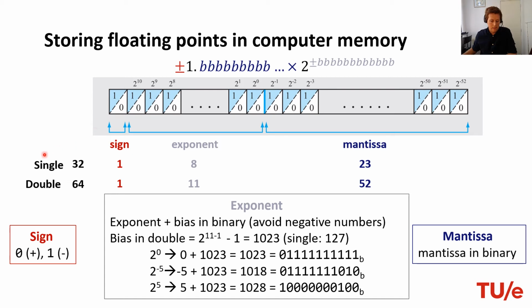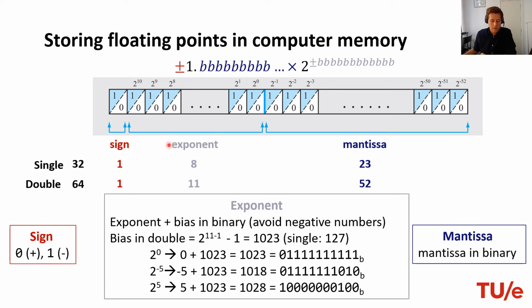Now, single precision uses 32 bits, double precision uses 64 bits, and you see here in this table how many bits are used for which part of this floating point number. So the sign, well, for the sign, we always just use one bit. So the sign can be a plus or a minus. Now, if the number is positive, we store a 0 for the sign. If the number is negative, on the other hand, we store a 1.